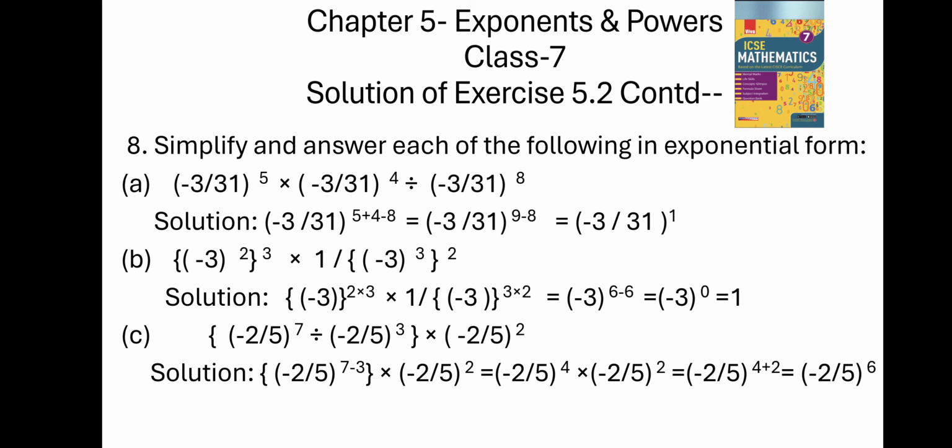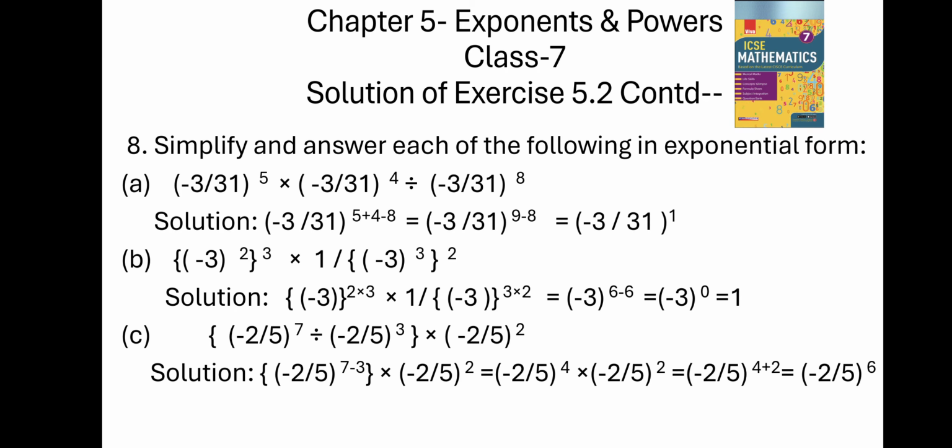So here the solution will be (-3/31) raised to the power of 5 plus 4 minus 8, because first is multiplication and then it is division. So we have to subtract 8 from 5 plus 4.